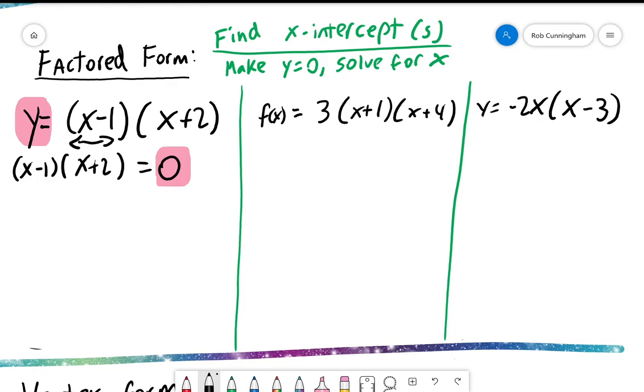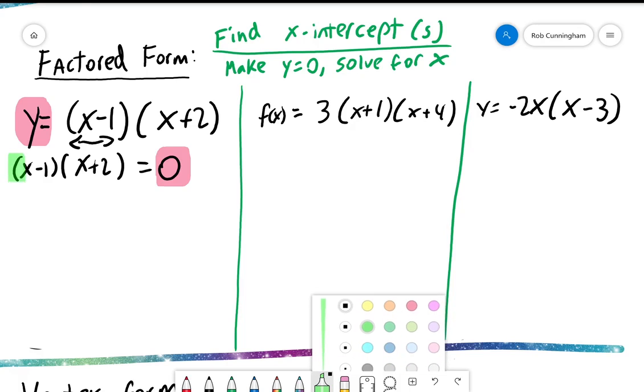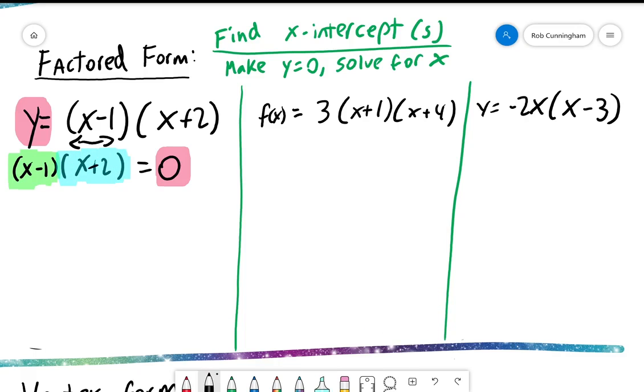As we discussed in class, we right now have two factors that multiply together to make 0. Anytime you have two factors multiplied together to make 0, one of them has to equal 0. There are no two non-zero numbers that you can multiply together to make 0.